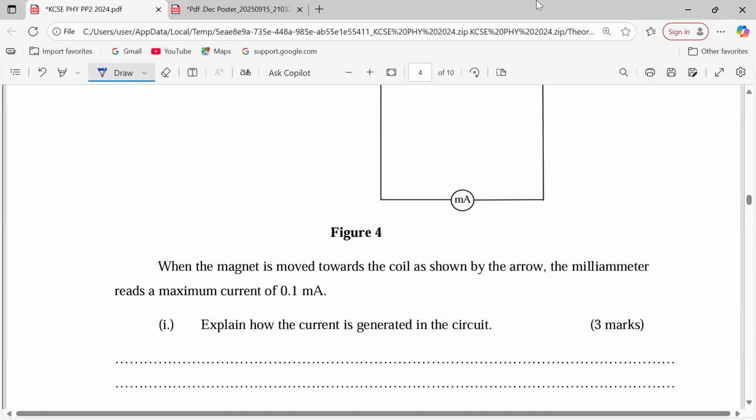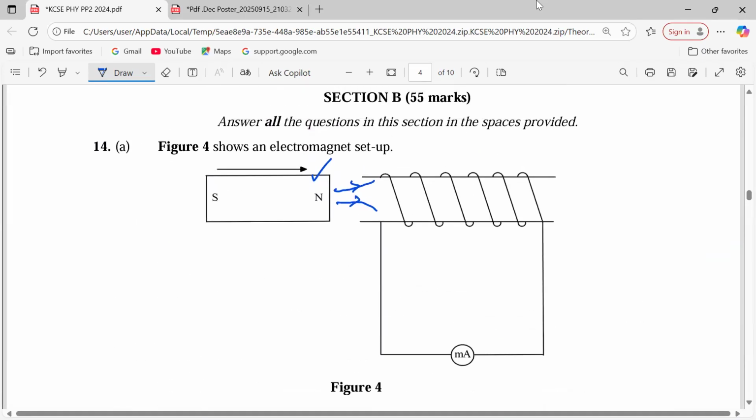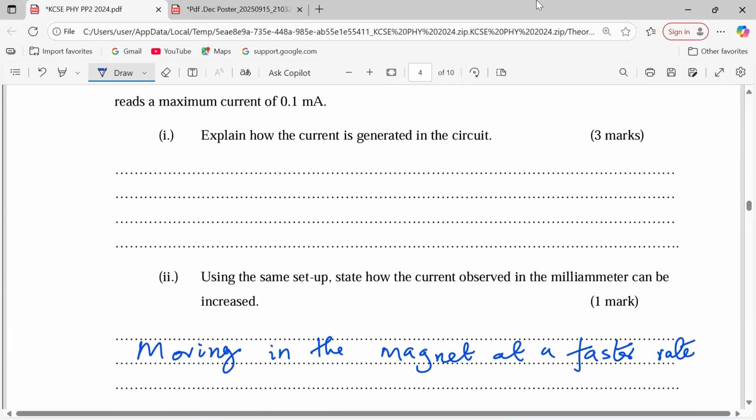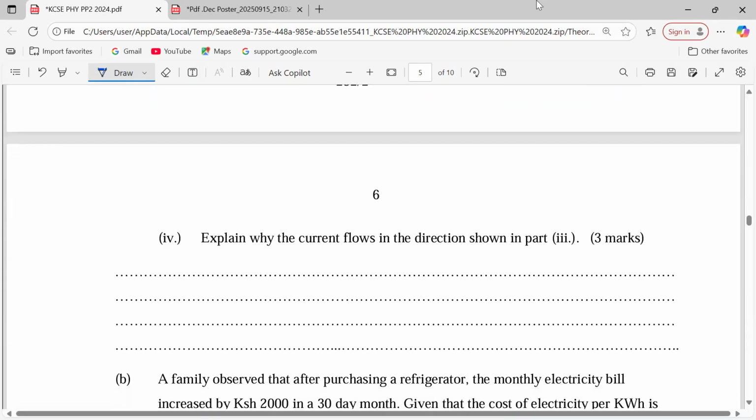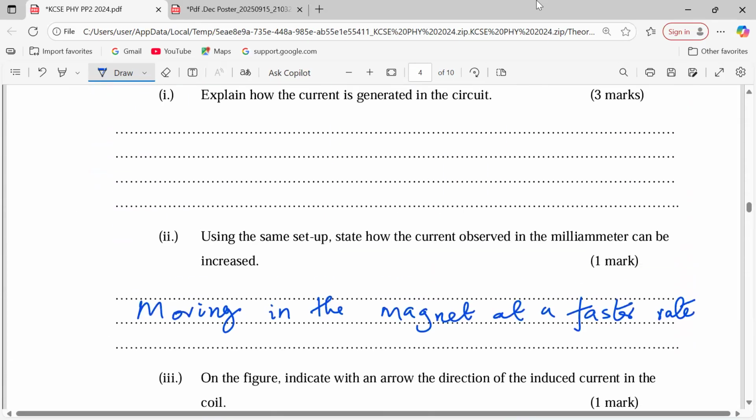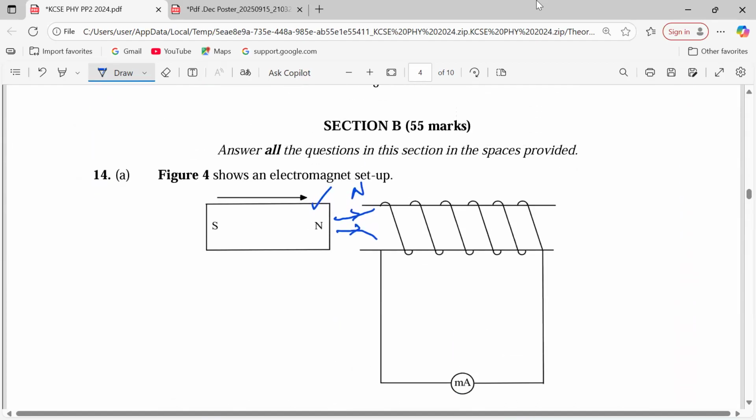Direction of the induced current. Remember, we have what we call Lenz's law. According to Lenz's law, we usually have the magnetism produced opposing the magnet producing the change. So we will have another north produced at that point. Let's first indicate. We will have a north, so that the change produced is opposing the change producing it.